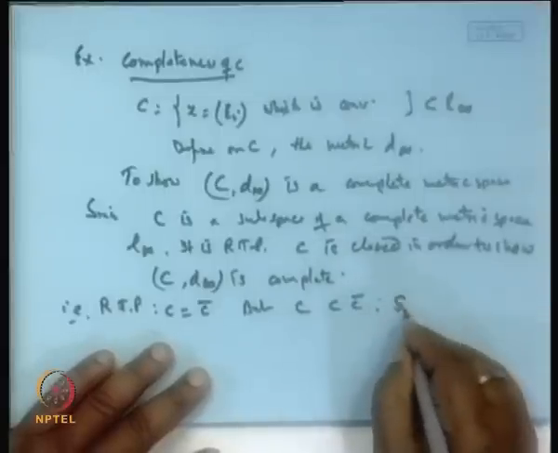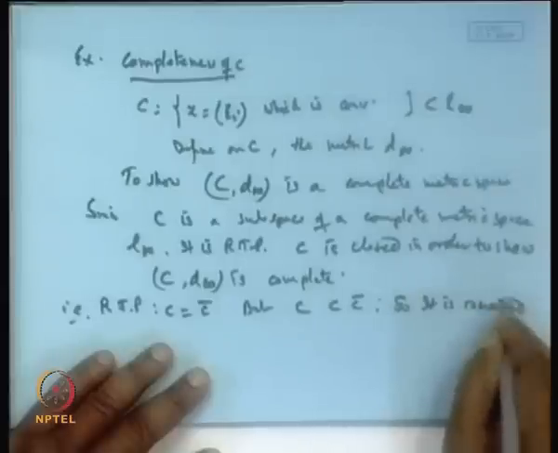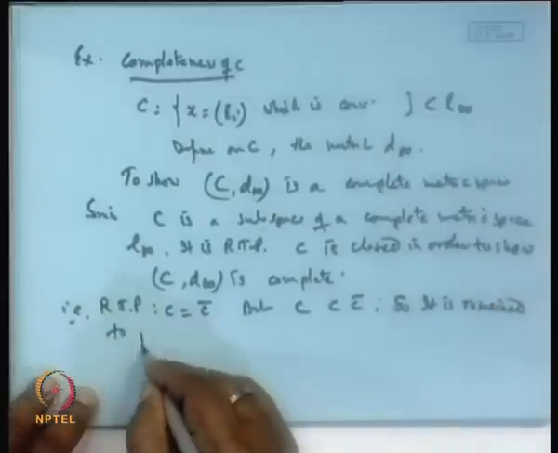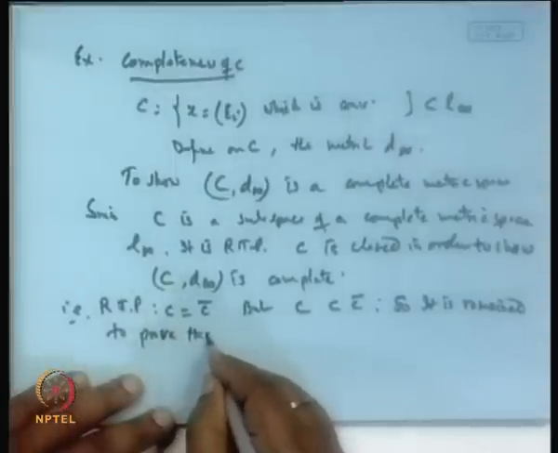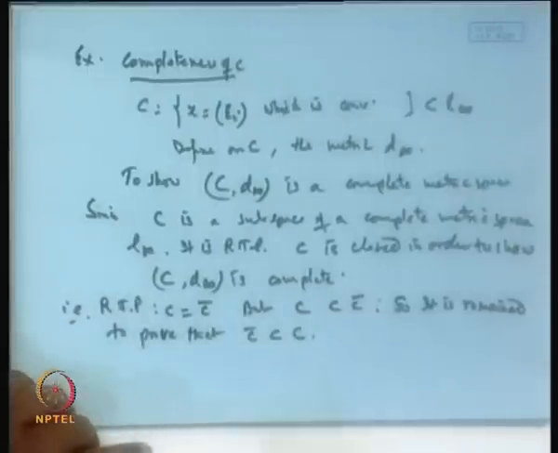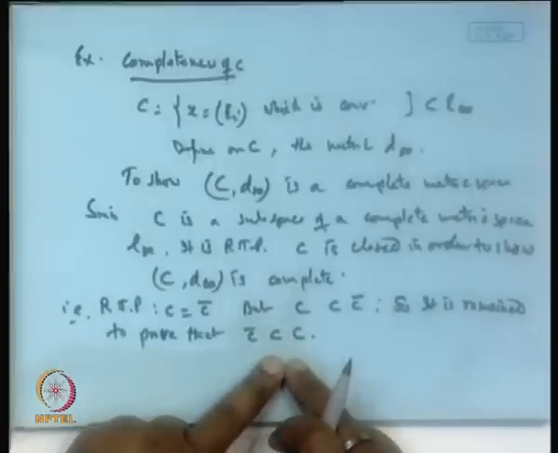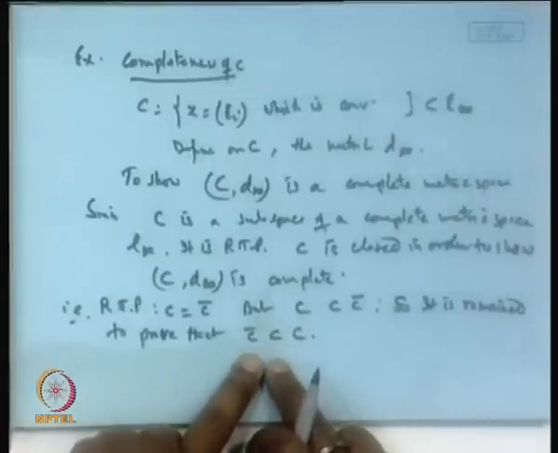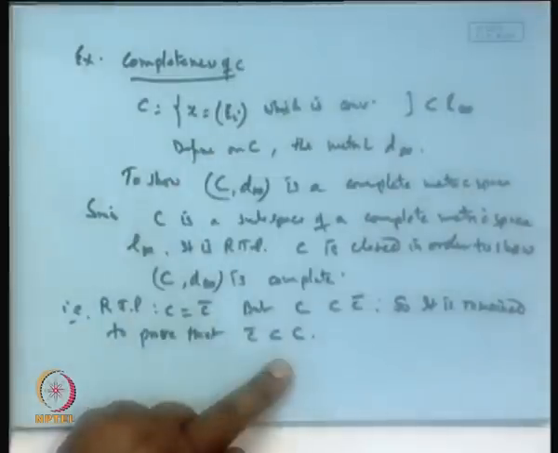So it remains to prove that c bar is a subset of c. So the entire thing is now reduced to only one part: if I prove that c bar is a subset of c, then c will be a complete metric space.